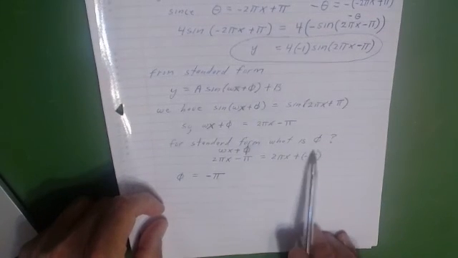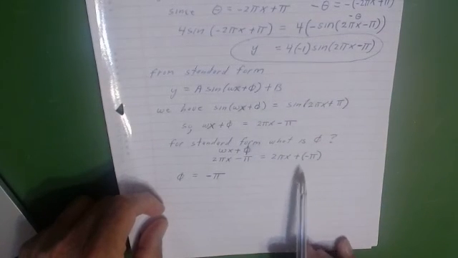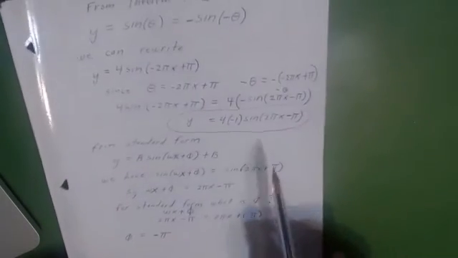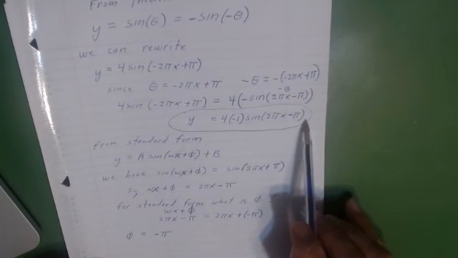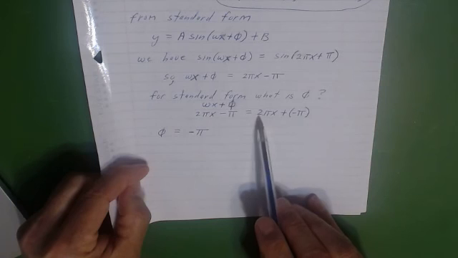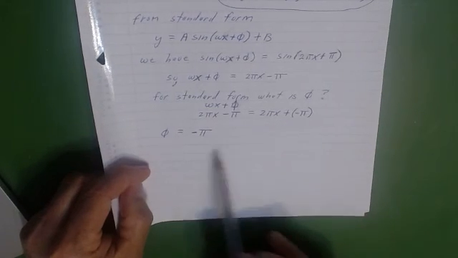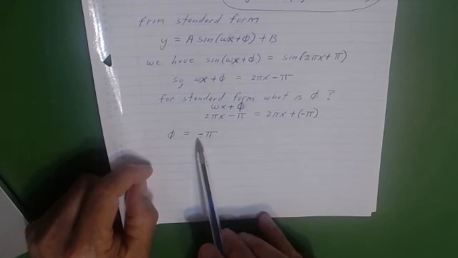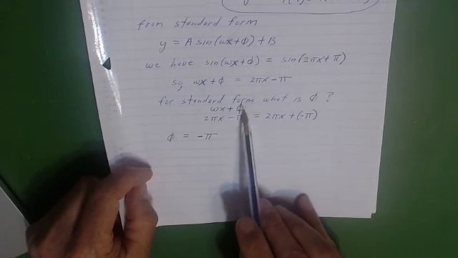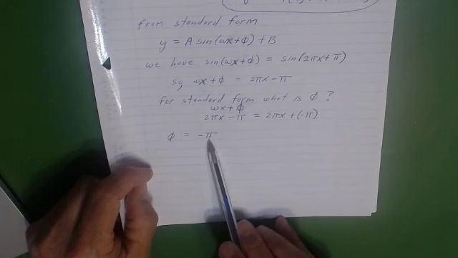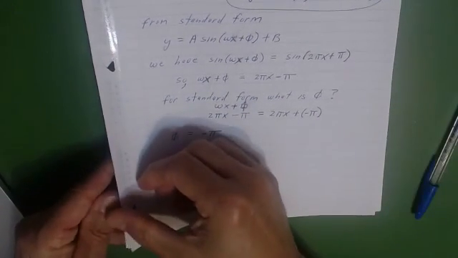So this whole thing is phi. Phi is not pi, phi is negative pi. So rewriting in standard form, the argument is 2 pi x plus negative pi. So phi, from the standard form omega x plus phi, is negative pi. And we're done. We've got everything we need for this problem now.